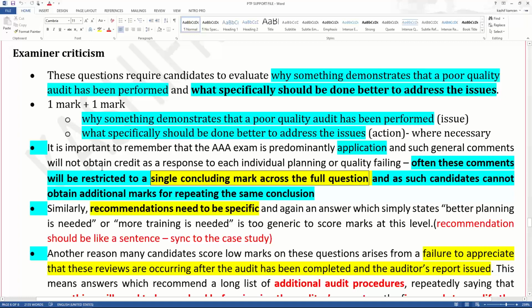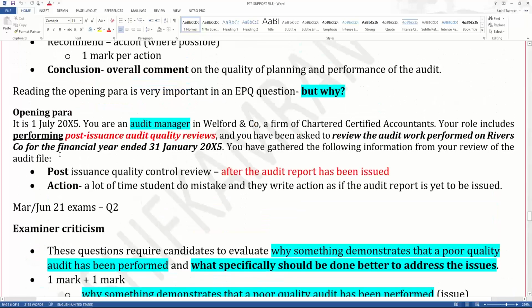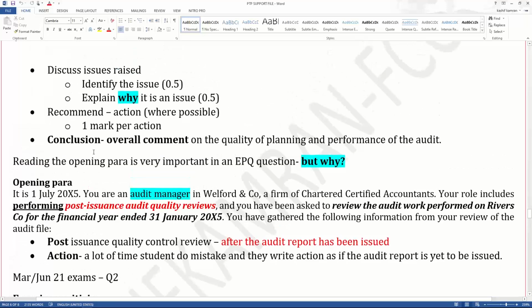You got notes of that, and this file has already been shared with all of you. So I hope you've read and revised this criticism, because that's very, very important. We also went across the nature of the question which comes on ethical, professional and quality control issues, and I discussed with you the marking scheme as to what a student should be doing when it comes to an ethical, professional and quality control question.